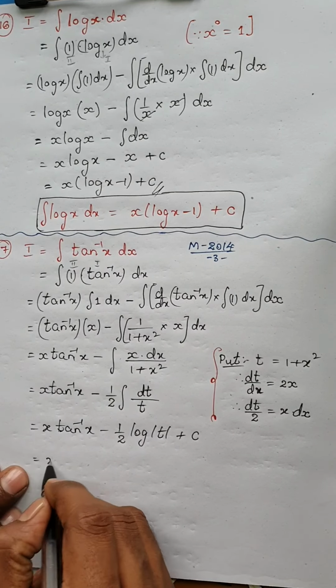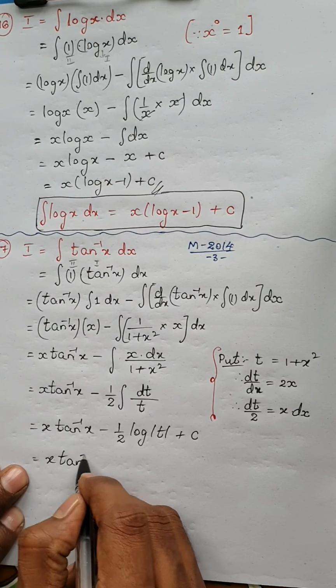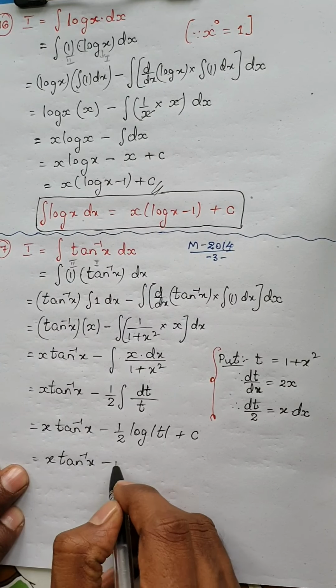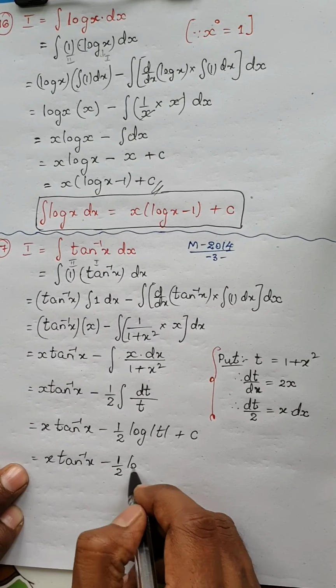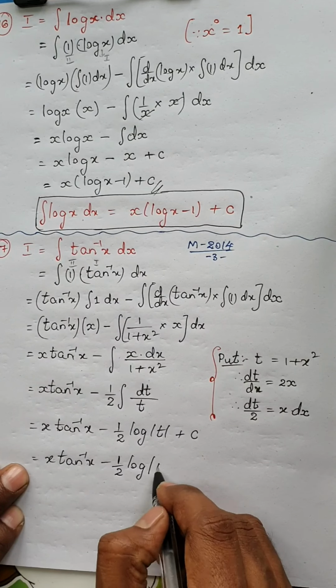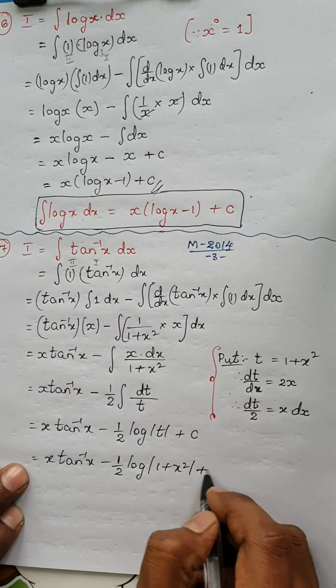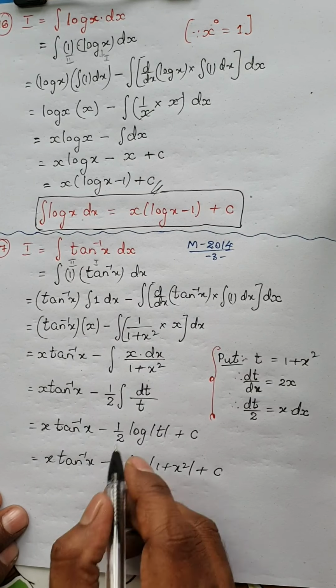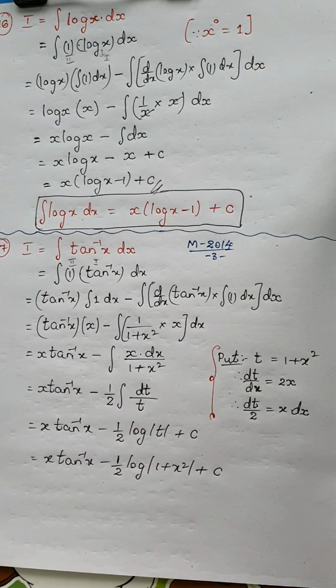So this is x tan inverse x minus half into, replacing back for t, log of mod 1 plus x square, plus c. This is enough for you to get 3 marks.